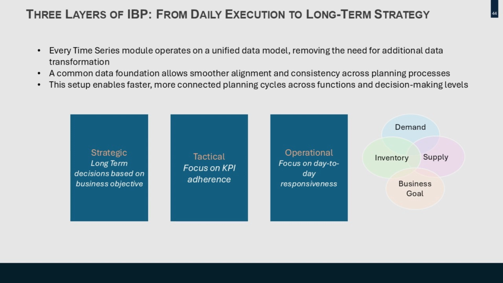For example, finance is always curious about the revenue, right? That's why they show up at demand review meetings. They might not really care about units sold, but they definitely care about how much money those units are going to bring in.